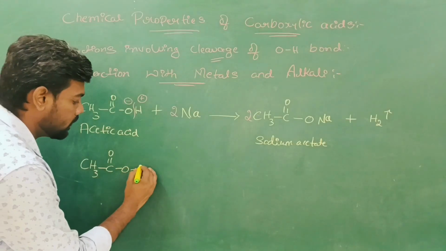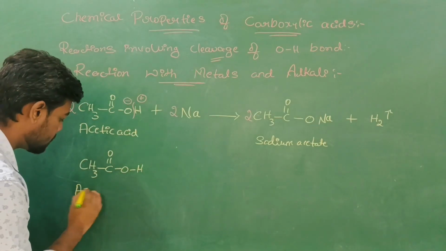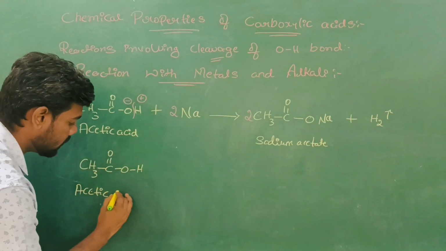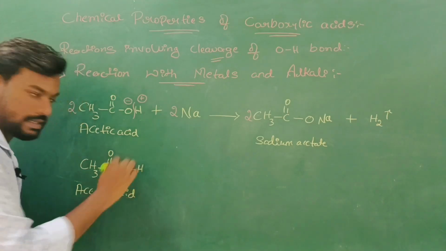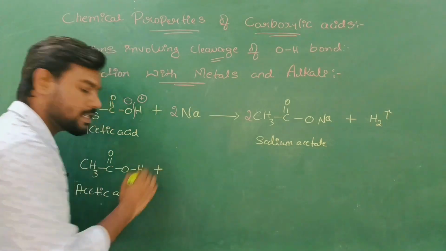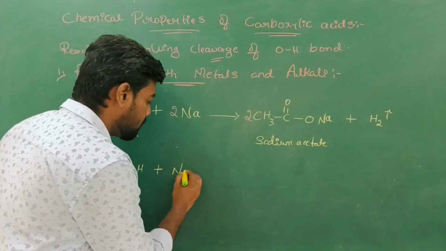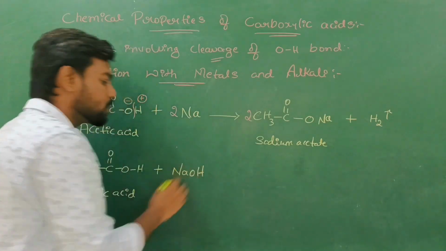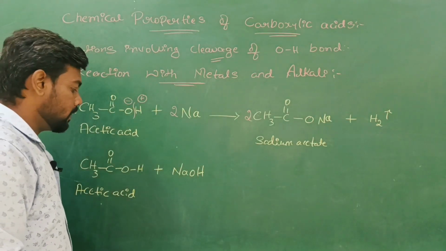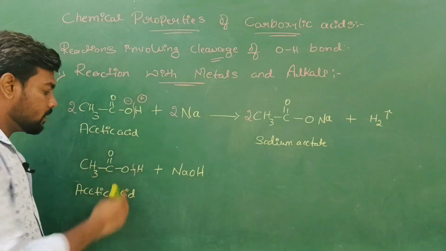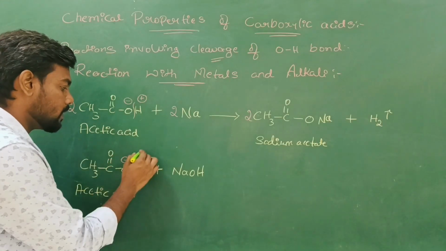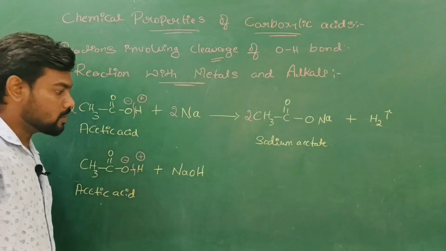And the next reaction is reaction with alkali. When acetic acid is on reaction with an alkali, that is a base, for example, sodium hydroxide, the bond will break. The oxygen atom carries negative charge and the hydrogen atom will carry positive charge.